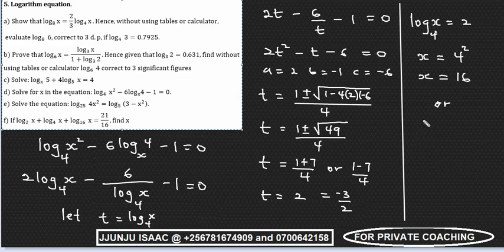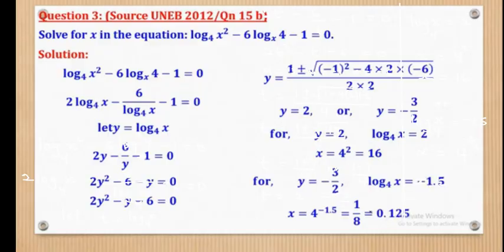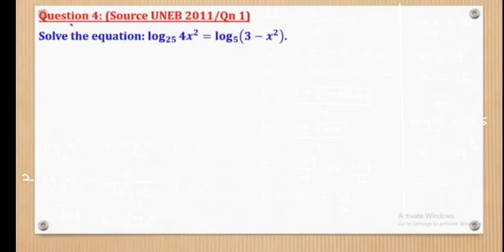Or if we take log base 4 of x equal to negative 1.5, it means that we shall have our x as 4 power negative 3 by 2. This question came from UNEB 2011 paper 1 question 1.